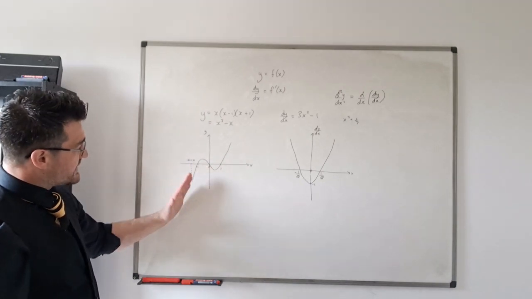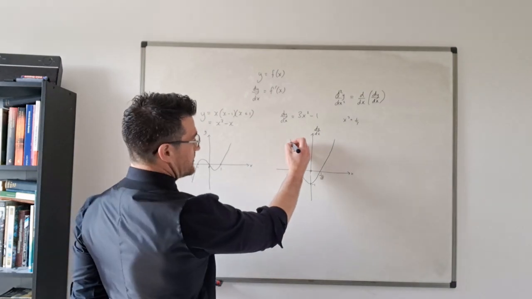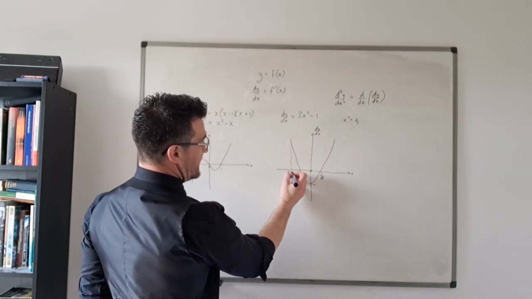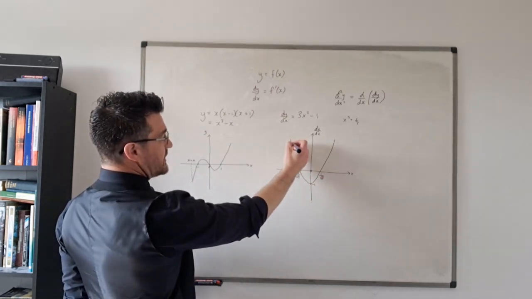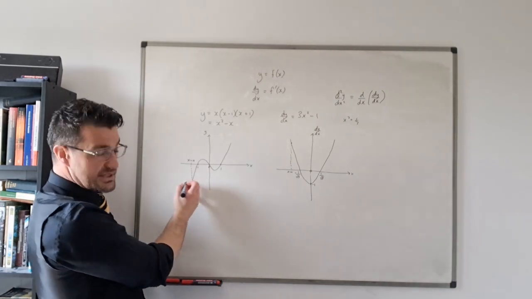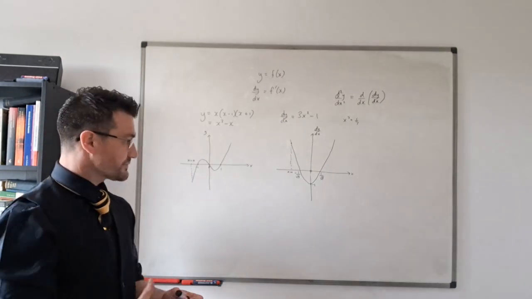And then I come over here, what I will find at x equals a over here, the y-coordinate of this point is the gradient of the tangent line at this point. And this is very, very important to understand.